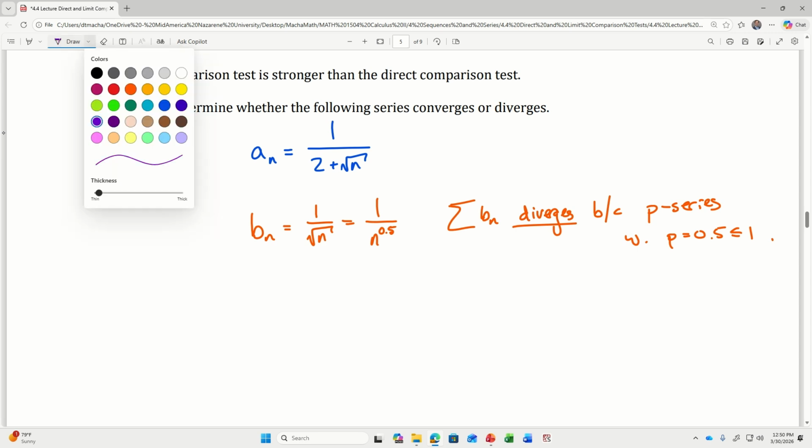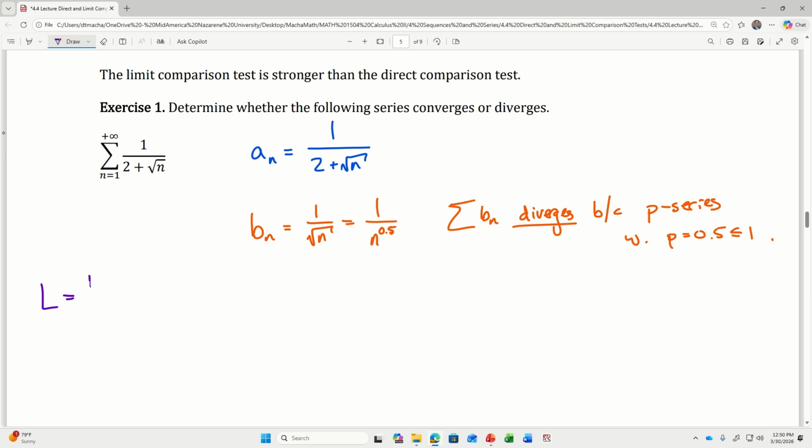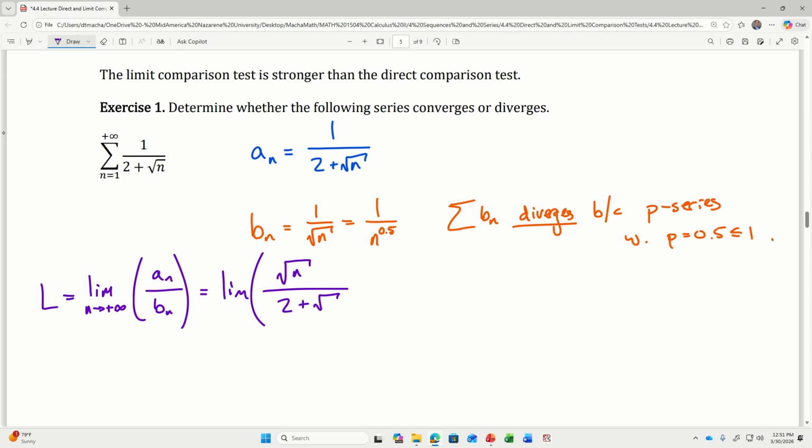And then we say, I'm going to take the limit as n approaches infinity of an over bn. That would be the limit of square root of n divided by 2 plus square root of n.